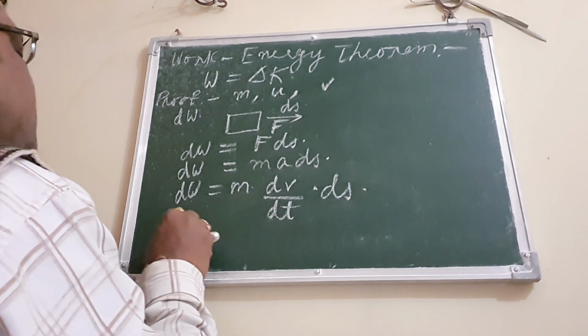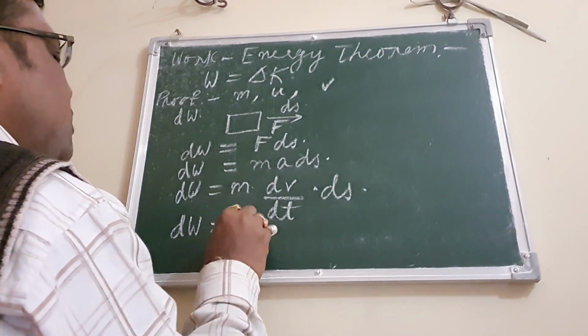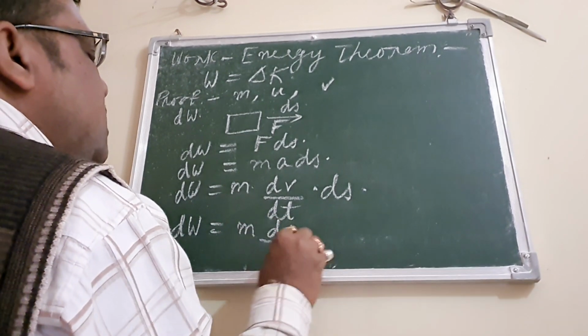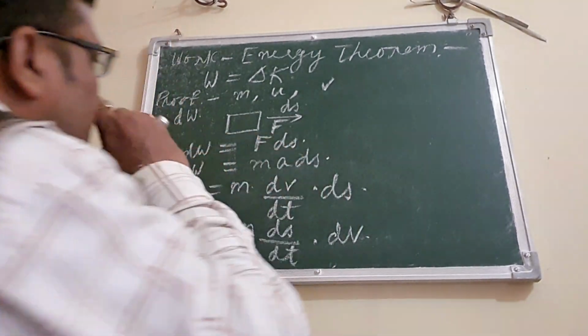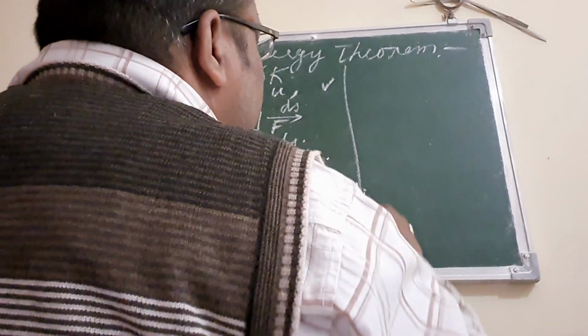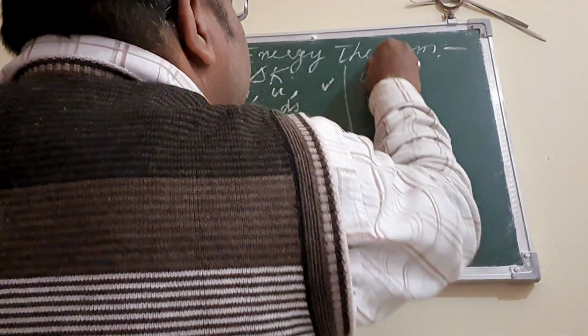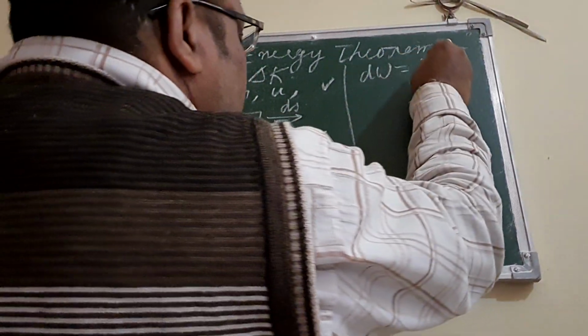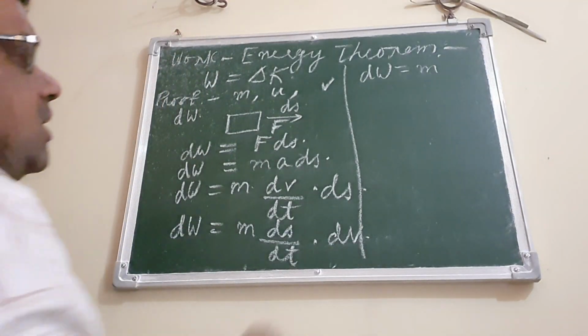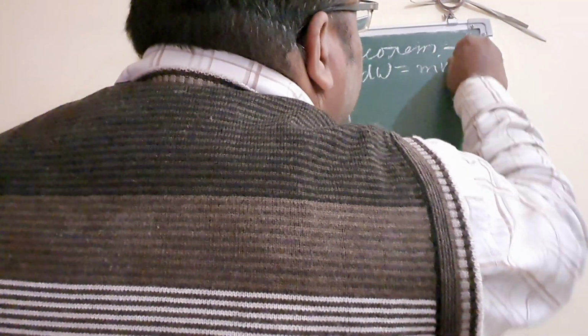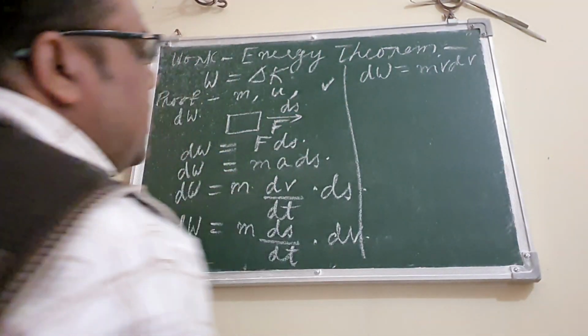Arranging this, we get dw is equal to m ds upon dt into dv. Now ds upon dt is the velocity v, so it is v into dv.